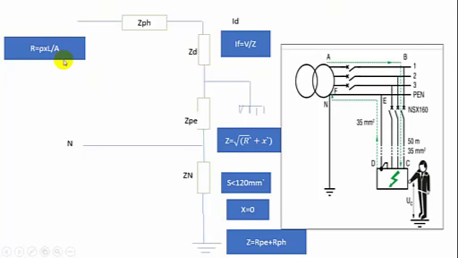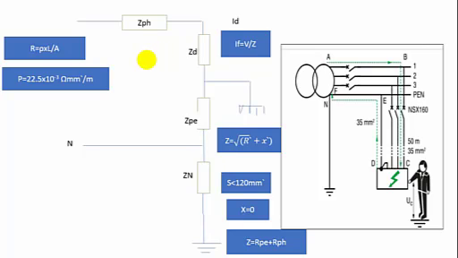When we have aluminum cables, that means the neutral cable is aluminum, rho equals 36 times 10 exponent minus 3 millimeter square per meter.